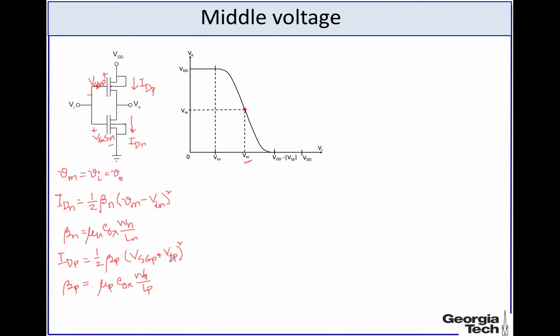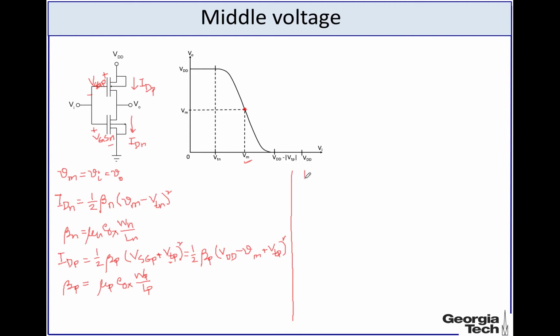Note that VTP is a negative number. VSGP is simply the source voltage, VDD, minus the gate voltage, VM, so we get VDD minus VM plus VTP. That's the equation for the p-type MOSFET drain current.